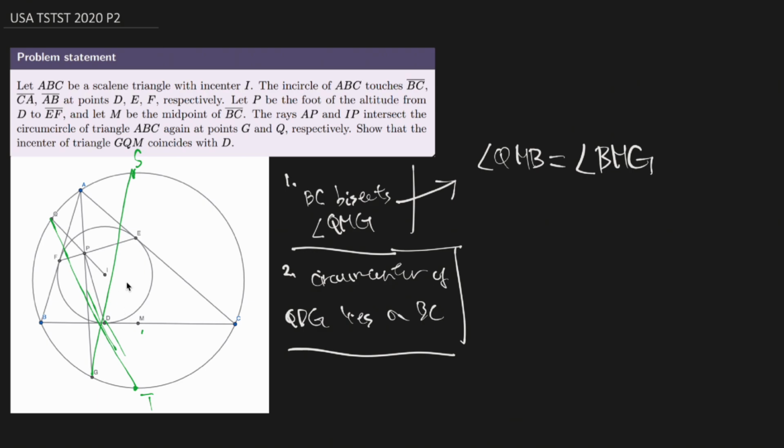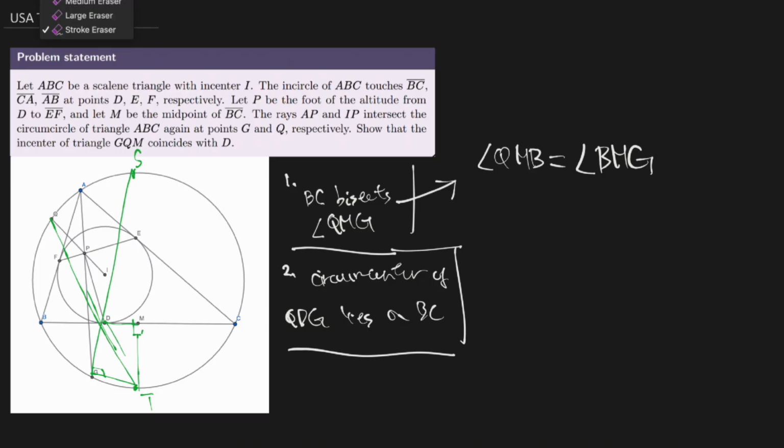And here we can make the observation that if we look at GDMT, we have that DMT is perpendicular because T is a midpoint and M is also the midpoint. And since S and T are opposite, they're the diameter, SGT is also a right angle, which is the same as DGT. This means that the 4 points DGTM are actually concyclic.